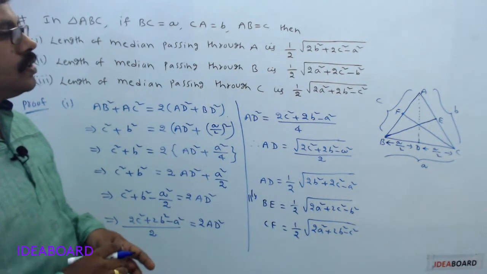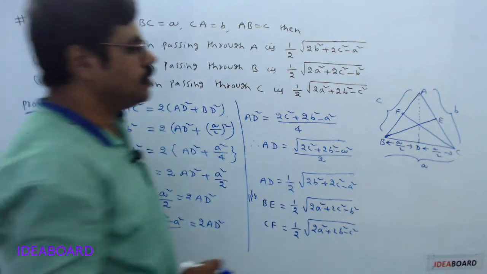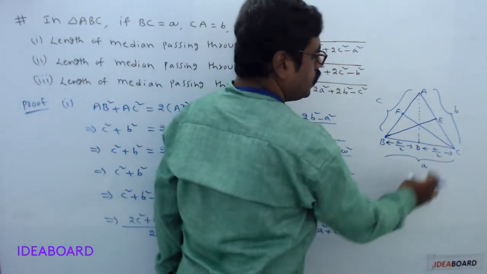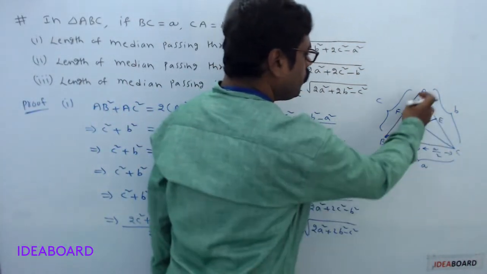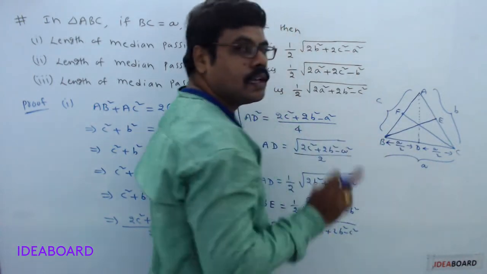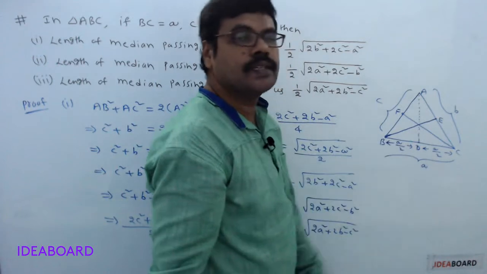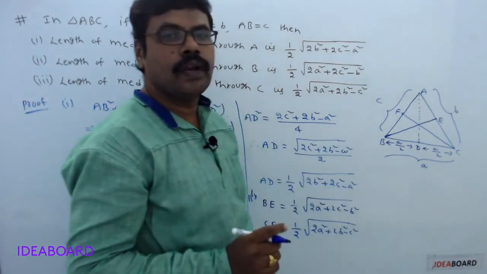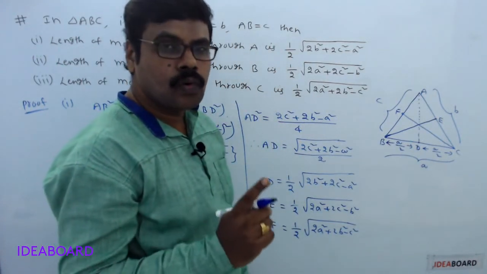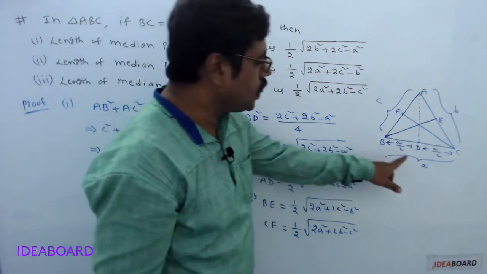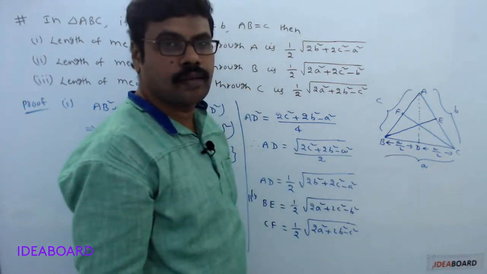So what is the statement of the formula? BC equals a, CA equals b, AB equals c. Then the length of the median passing through the vertex A is 1 by 2 into square root of 2b square plus 2c square minus a square.